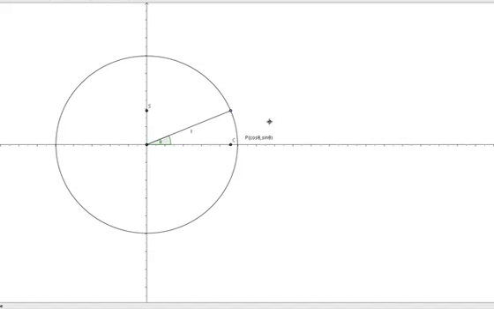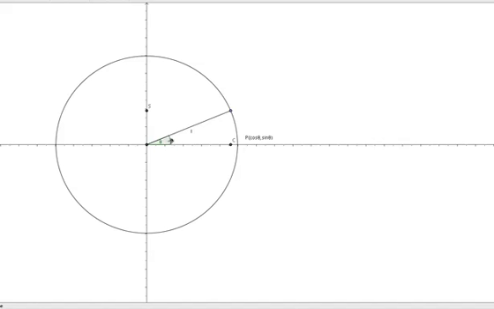So let's look at one last thing that we can use this diagram to help us with, and that's how the sine, cosine and tan of first quadrant angles are related to the sine, cos and tan of angles in the second, third and fourth quadrants.